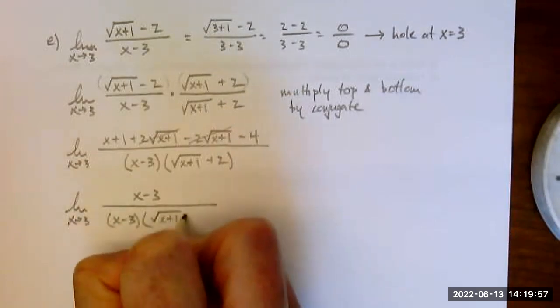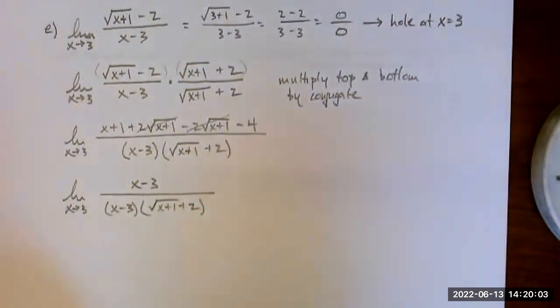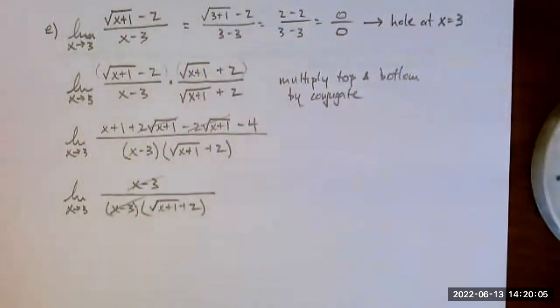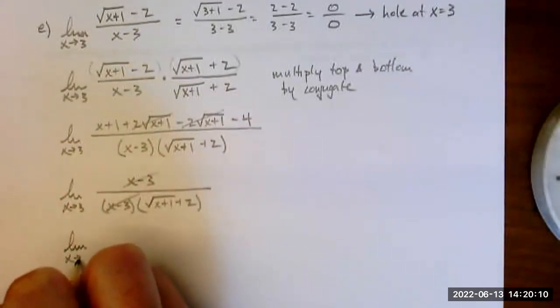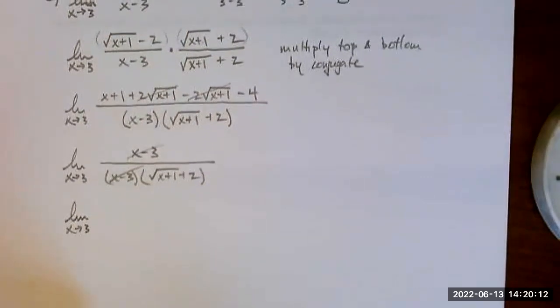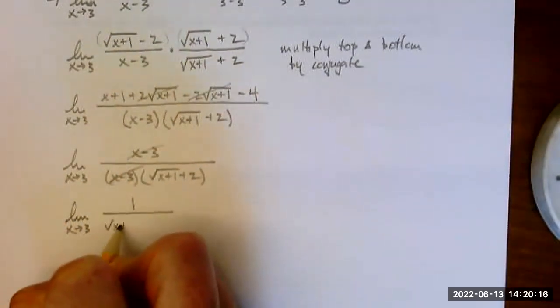I'll just copy my factored denominator. Pretty slick. These cancel out. When they cancel, that leaves a 1 in the numerator.